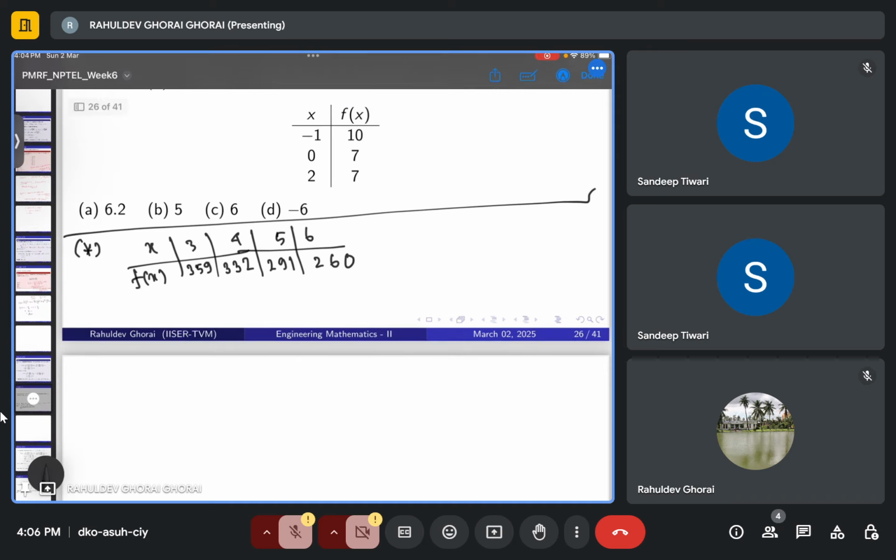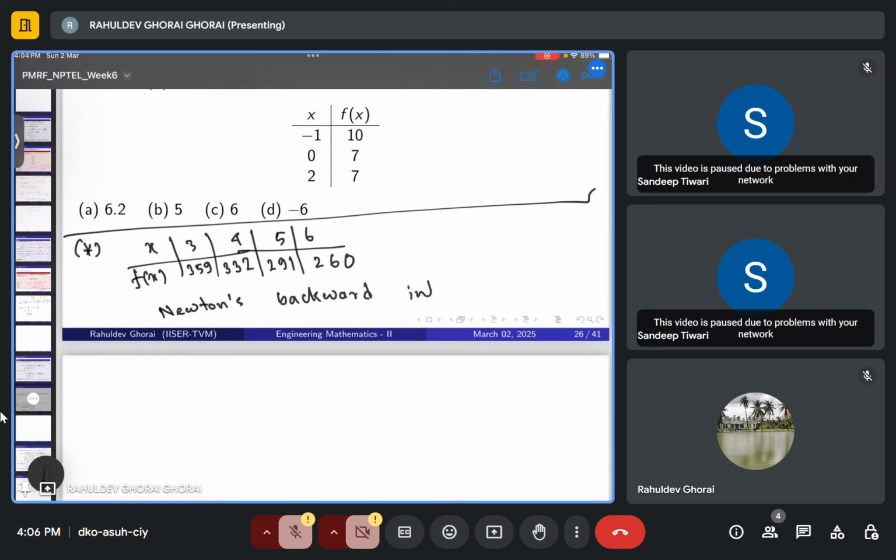So find Newton's backward interpolation formula.